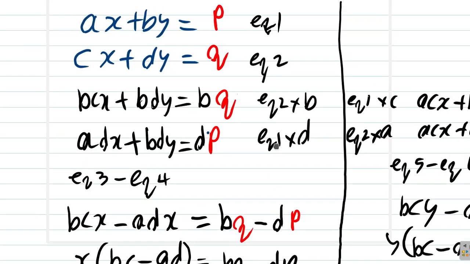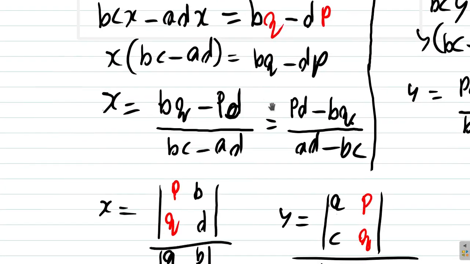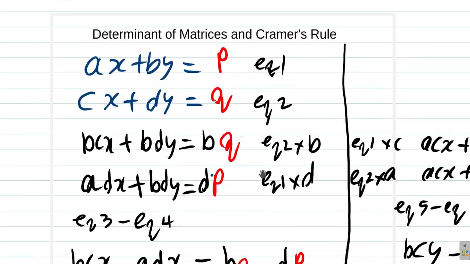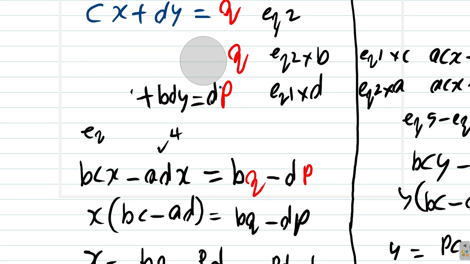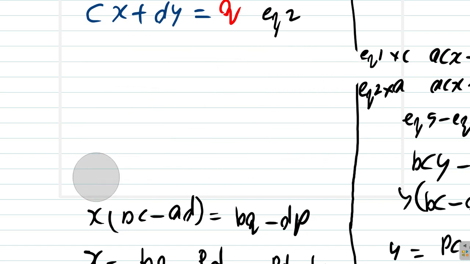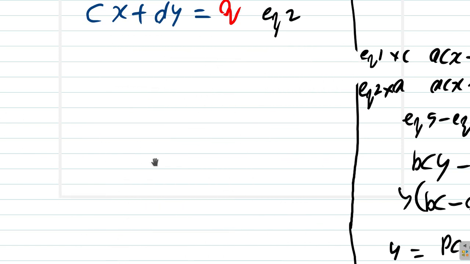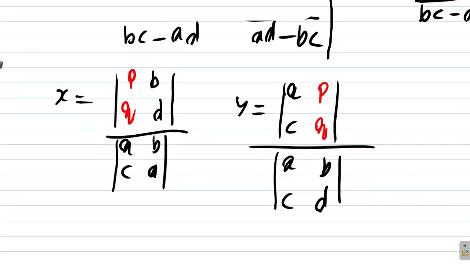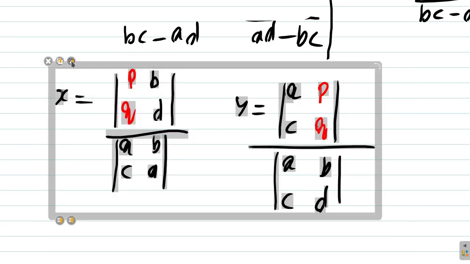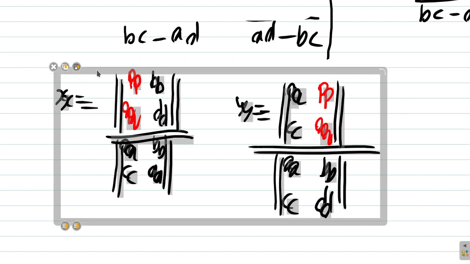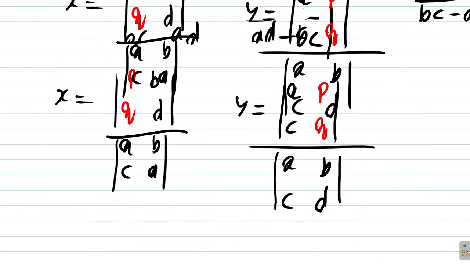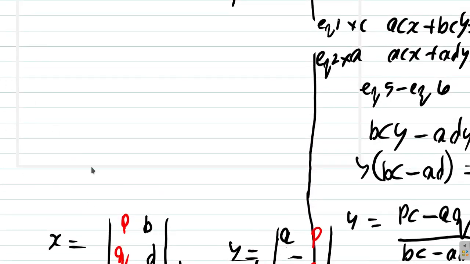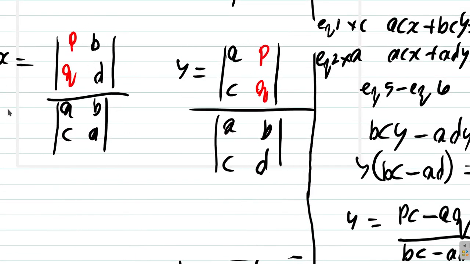This is how Cramer's rule is formed. In fact, I'm going to erase some of these workings and put the information closer to the original equations, and study the pattern.